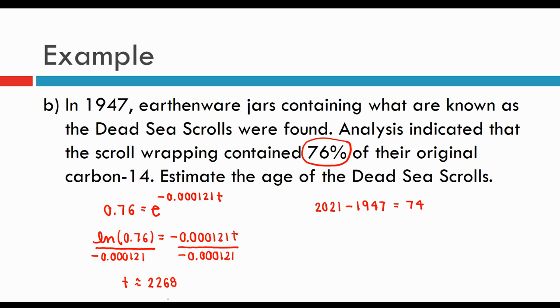The amount of time we got for t was the model dealing with 1947, and now we're 74 years past that time. So we take the 2,268, add 74 onto it, and that tells us that these scrolls are 2,342 years old.